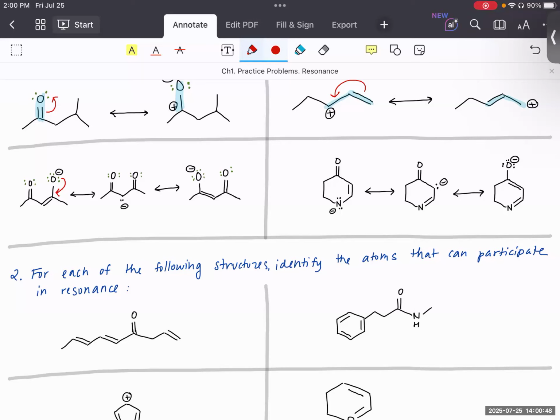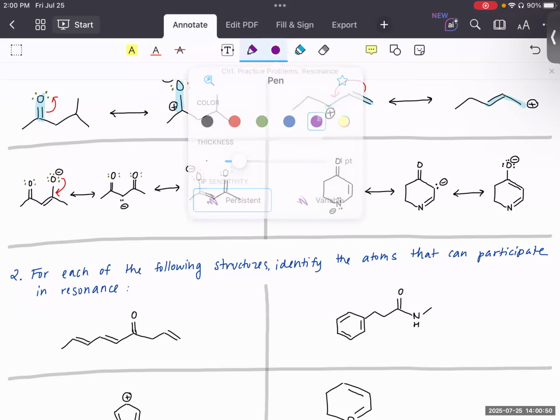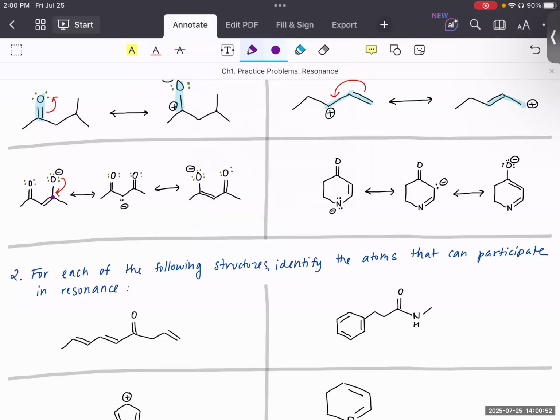And then we can't stop there, because this carbon right here that I highlighted in purple would end up with 5 total bonds if we just did that first arrow. Since carbon can't have 5 total bonds, we have to do one more arrow push to move this pair of electrons from this double bond up to that carbon in the middle.